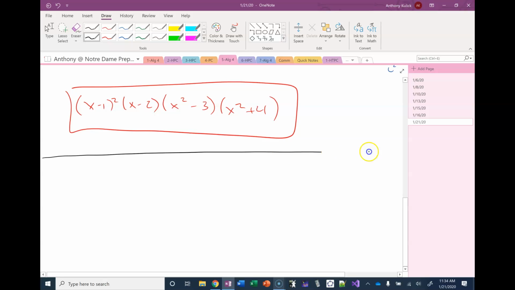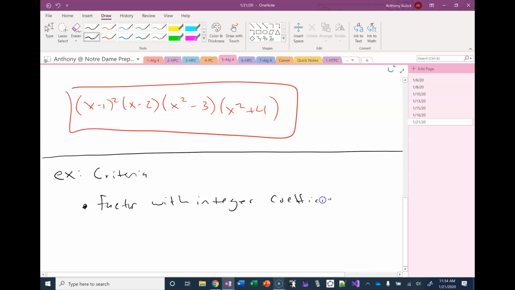Let's look at a couple more examples though, just to make sure that we got the hang of it. So let's say this time we want the factors to have integer coefficients.